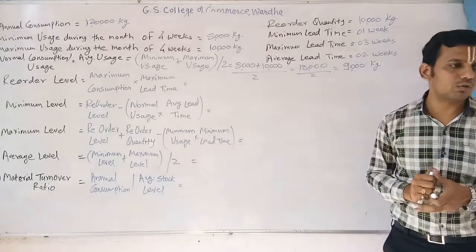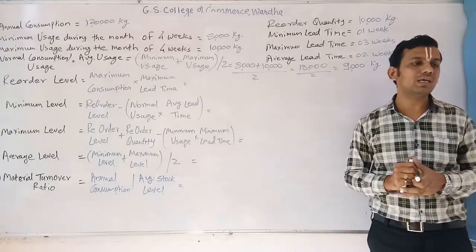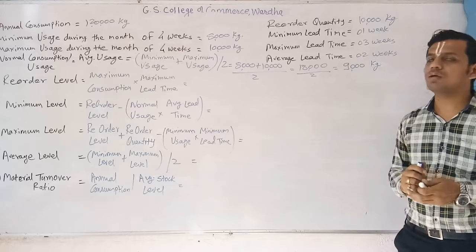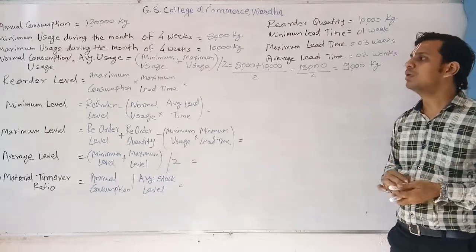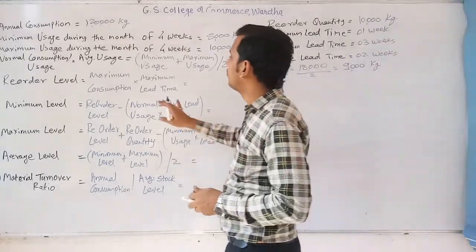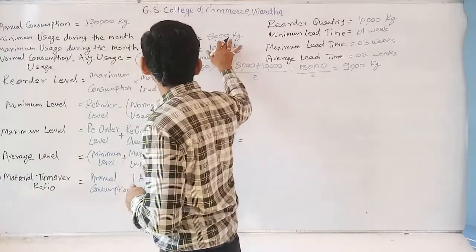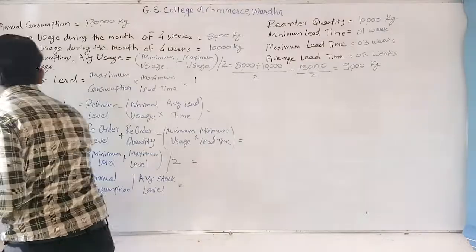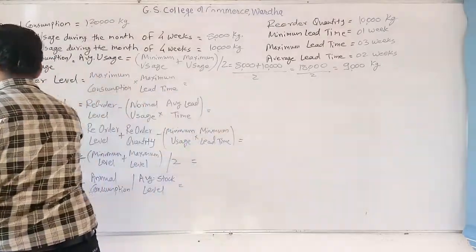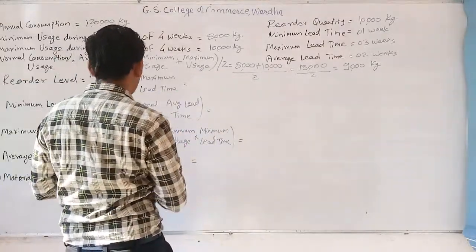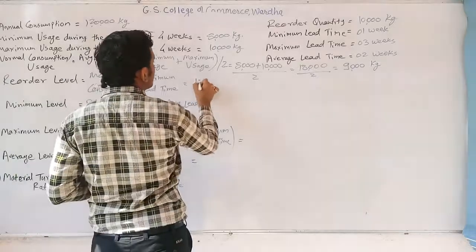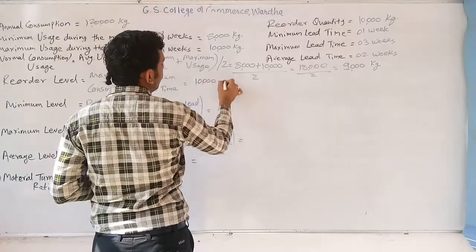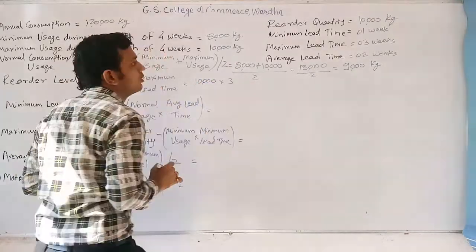The formula for calculation of reorder level of stock is maximum consumption into maximum lead time. The maximum consumption or maximum usage is given as 10,000 units, multiplied by maximum lead time. Maximum lead time is given as 3 weeks.